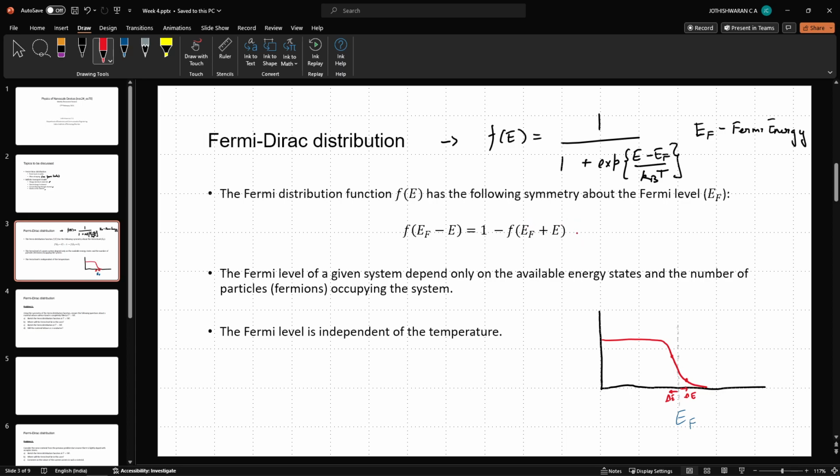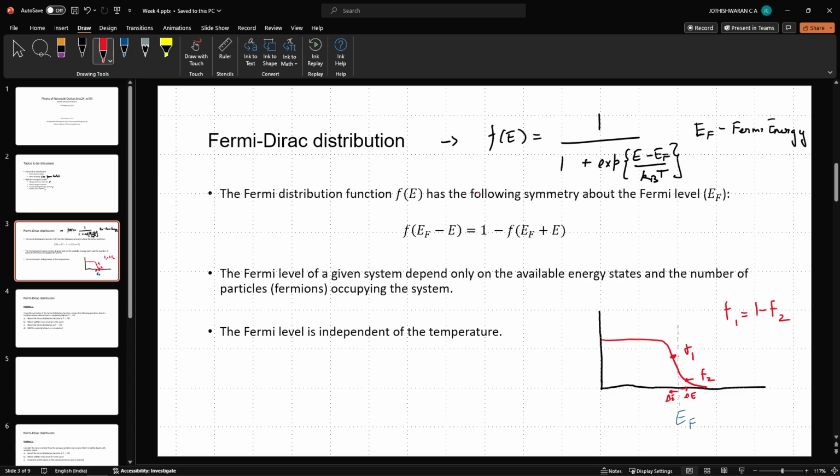This symmetry has to be followed at all times, wherever we consider the Fermi-Dirac distribution. Essentially, if the value is F1 over here and the value is F2 over here, then F1 is equal to 1 minus F2. You can see that this expression is essentially symmetric: I can bring F2 here and F1 here and the expression will still remain the same.